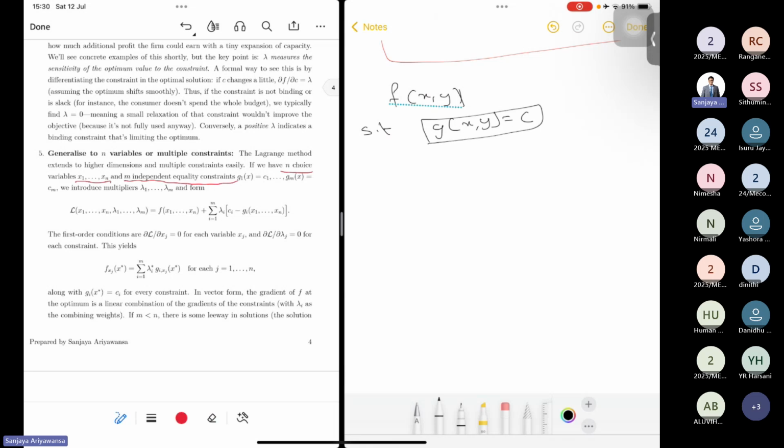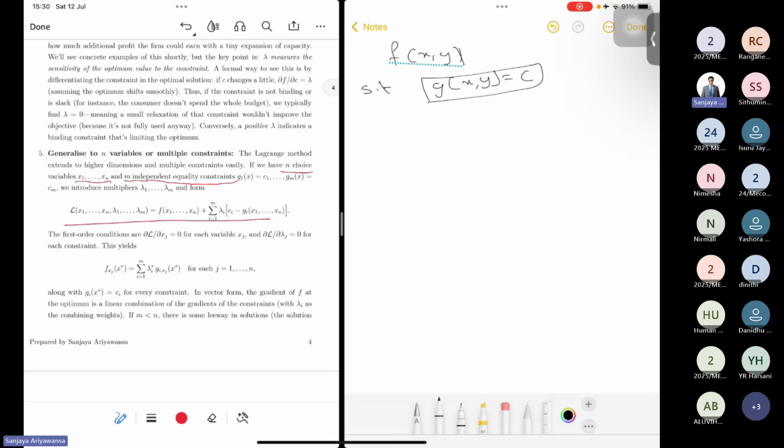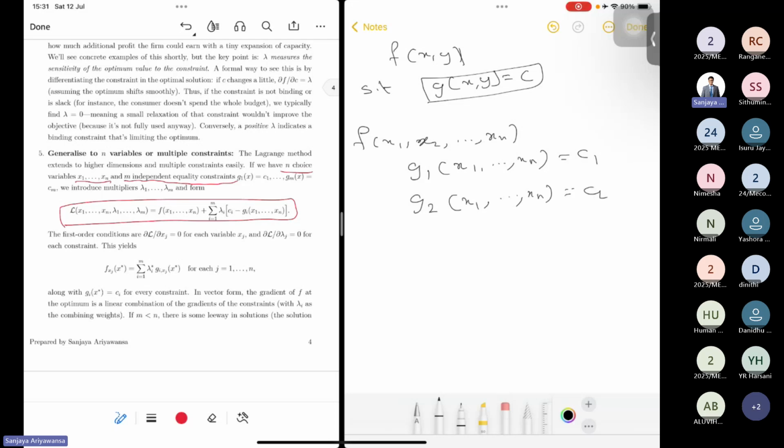Now, in this particular case, we have n input variables or independent variables subject to constraints equal to C1, C2, likewise you have m constraints, right? You have 1, 2, up to m constraints.